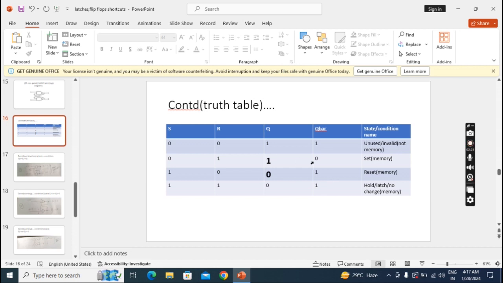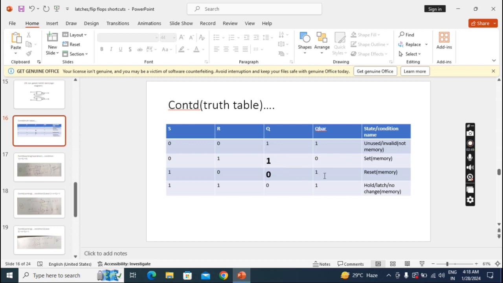In this condition I got 1 0. Whenever we get 1 at Q, we consider that 1 is stored. 1 means set. But why are we not considering Q bar? Q bar is just the complemented version of Q. Both are the same, that's why we consider only one.